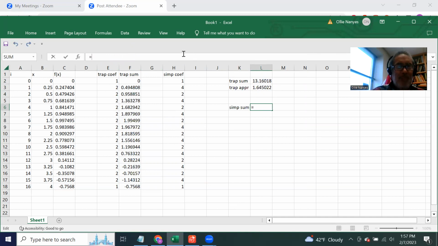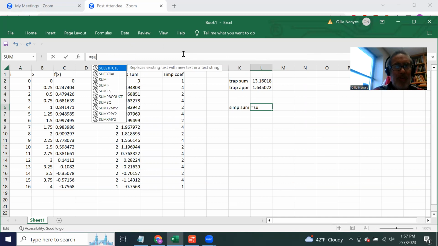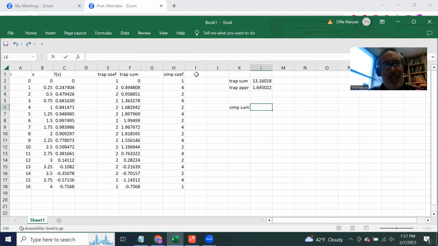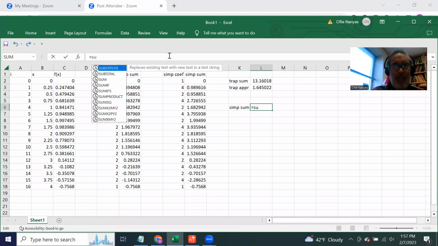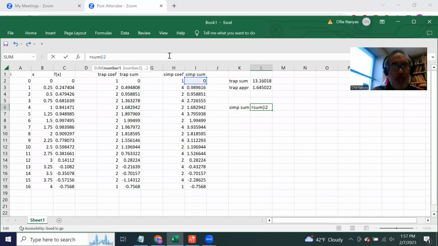I have to actually do the Simpson coefficient first, and then the Simpson sum. That will be the same f, C2 multiplied by H2, and then we just copy all these. So the Simpson sum now will be the sum of I2 to I18.